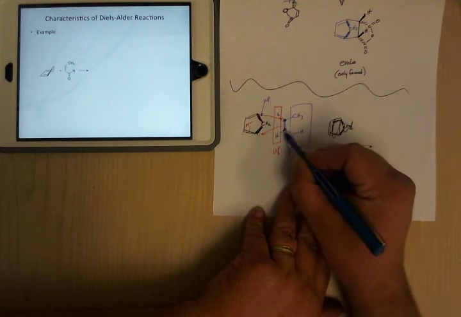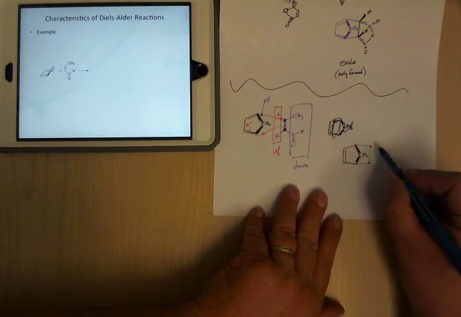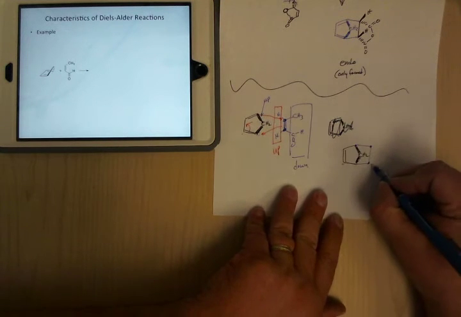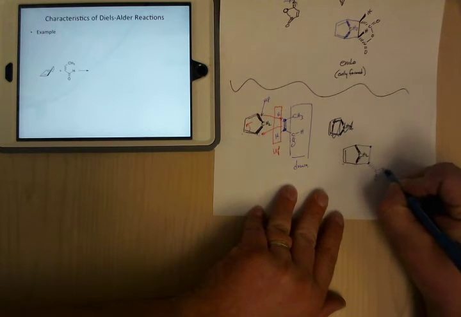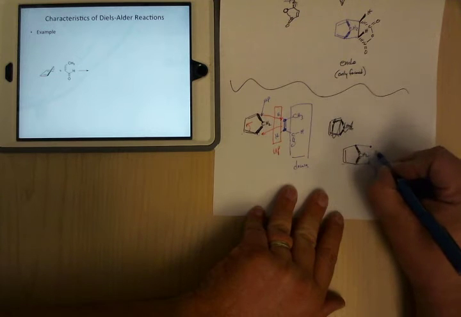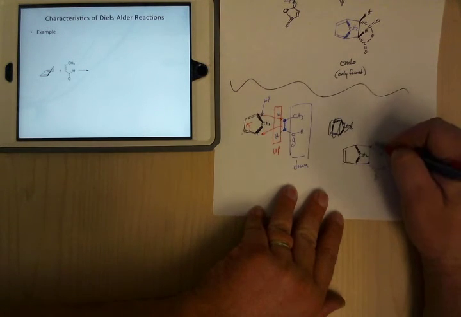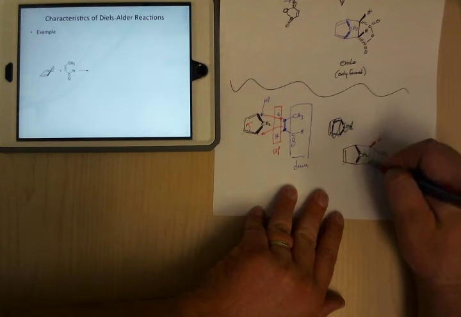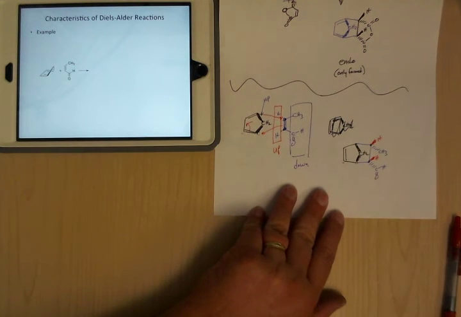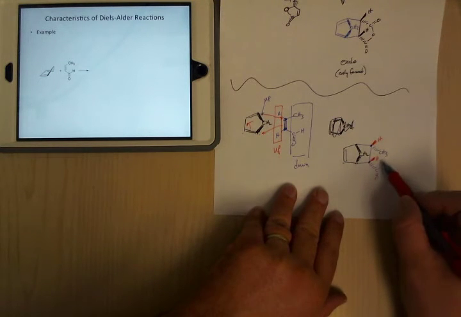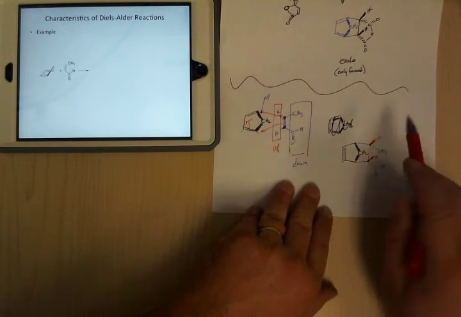Here are the two to make the new cyclohexane, 1, 2, 3, 4, 5, 6, right? And when we said that was going underneath, that means this is going underneath. That means these two hydrogens are coming up. Like that. Okay, so if this guy is blocking this face, that means this side is curling underneath like that to make the endo product.